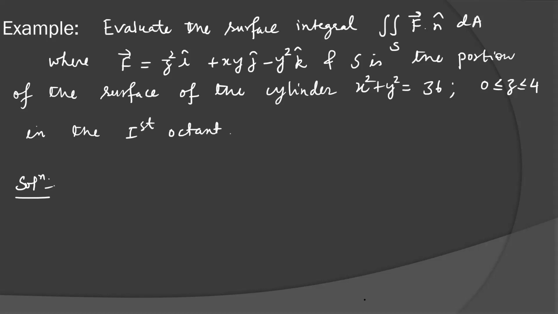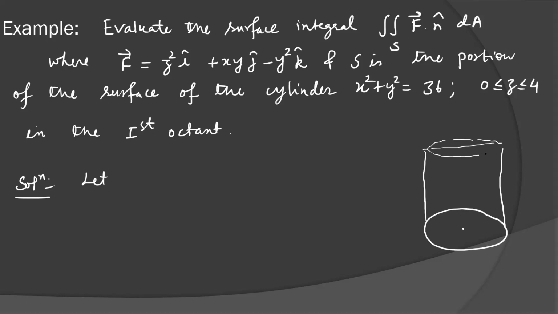What is the given surface? The given surface is actually a circle, and we are taking it on the z-axis from 0 to 4. Actually, the z-axis is giving it height. This is the height of the cylinder, 4 units, and this is the circular part of the cylinder with radius 6.